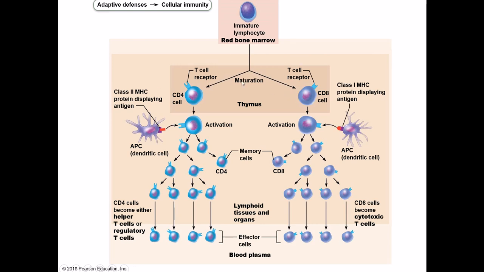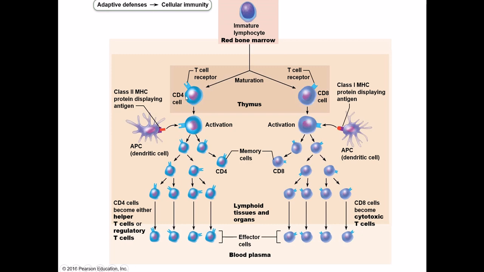If we look at how this occurs, here you can see our immature lymphocyte in the red bone marrow. It then seeds to the thymus, where it will display the receptors either for a class 2 MHC protein if it's a CD4 cell, or a class 1 MHC protein receptor if it's a CD8 cell.